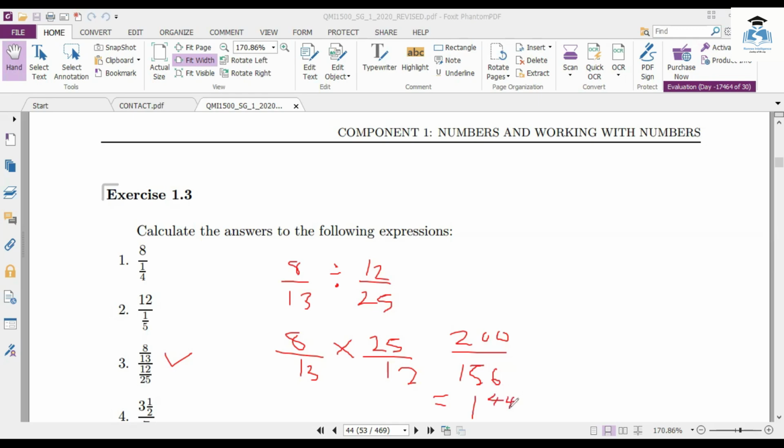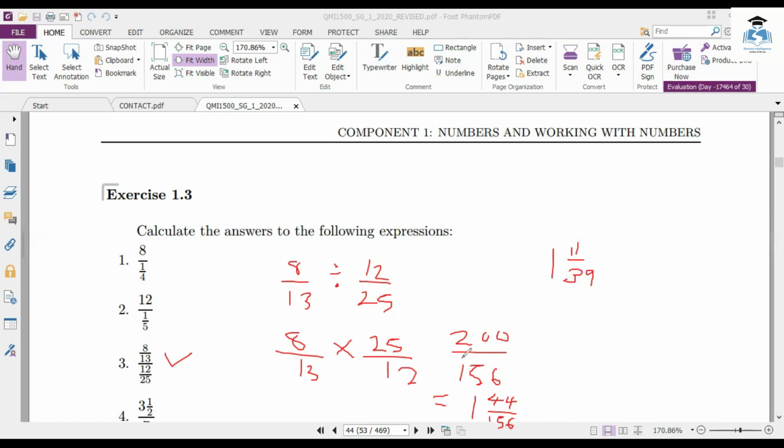This one seems like it can be reduced. 4 into 200 is 50, and 156 divided by 4 is 39. Yeah, so this will be your answer.